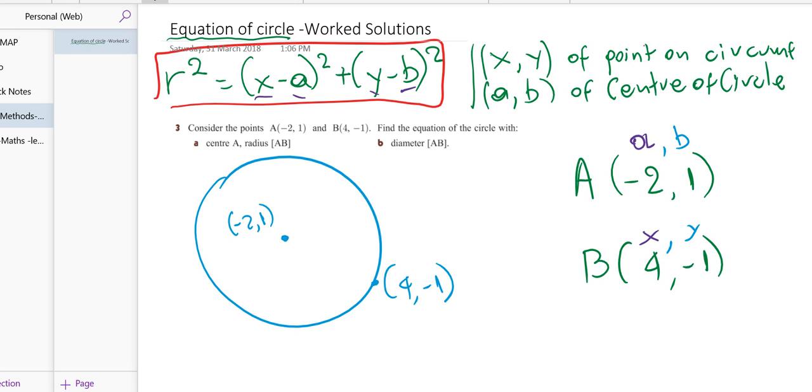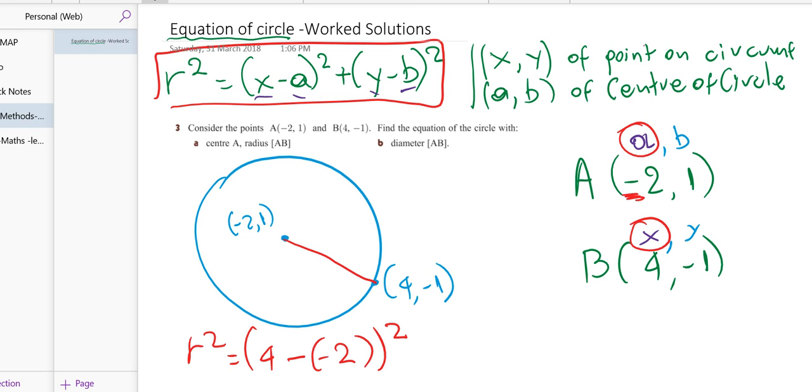Therefore, I will have r squared equals, first the x, and then take away a. So I say brackets squared, and inside I put 4 minus the -2. We need to be very careful on this. Plus brackets squared: first the y, this is my y and this is my b, so I go -1 minus 1.